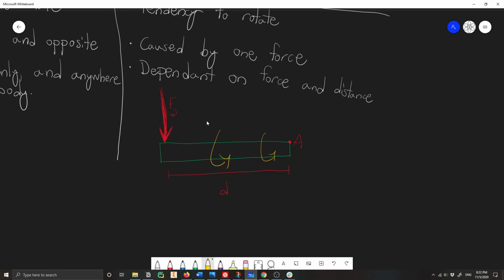It doesn't matter where I put it, the tendency to rotate is going to be the same. This is not the case for a singular moment, right? The magnitude of the moment is going to change depending on where I place the force, right? So it's distance and also the magnitude of the force. Okay.